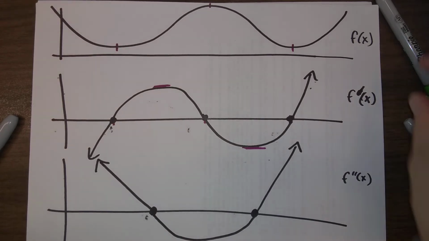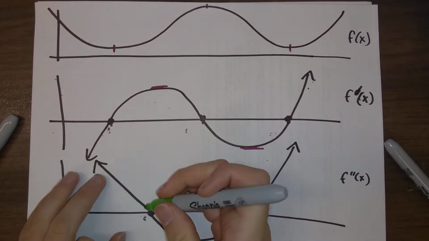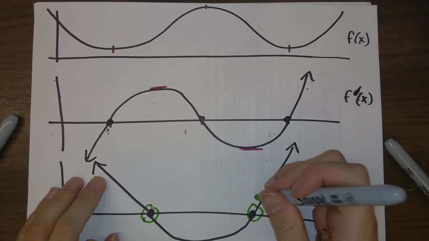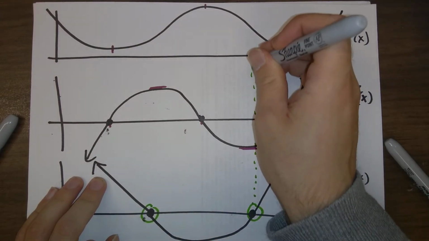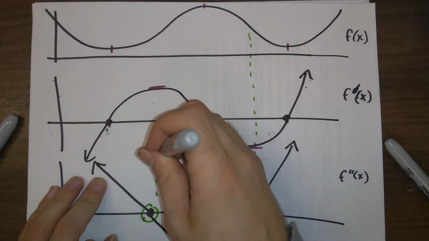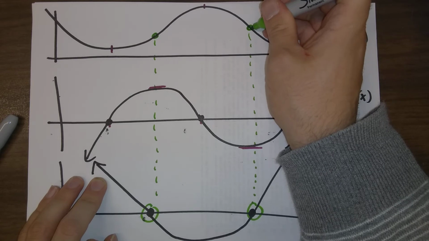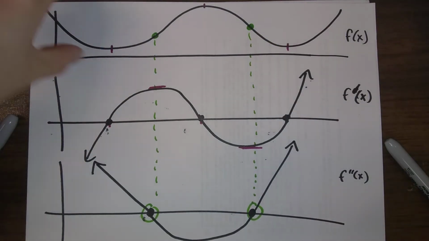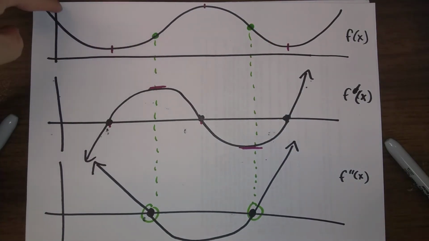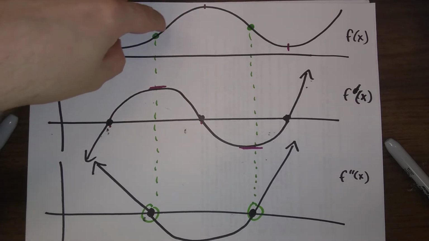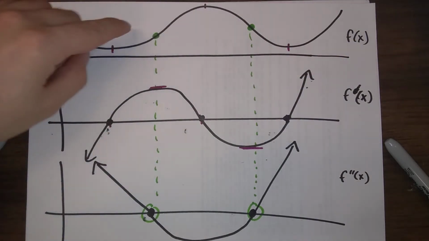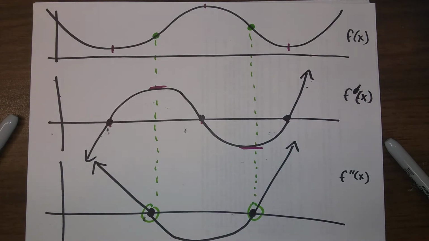A couple of things that we can get is that we can see our inflection points here. So we see we have two inflection points. Let's chase them all the way up. From the graph of f of x, we can see that the function is concave up over here, concave down, then concave up. So those two green points are where the function is changing concavity, and that corresponds to f double prime of x equal to 0.